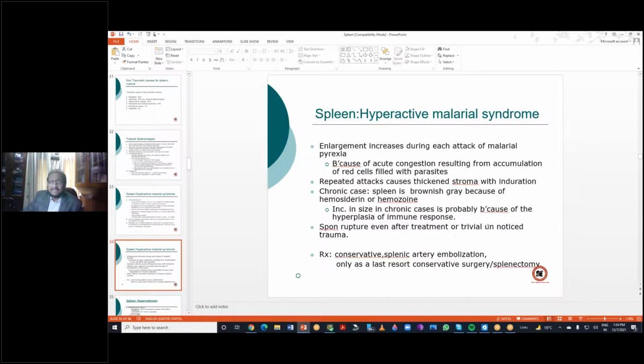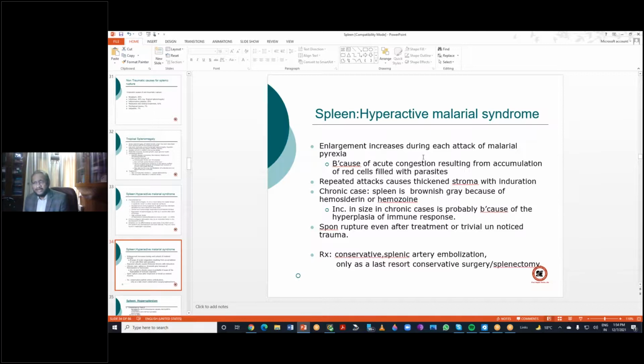In this hyperactive malarial syndrome, the enlargement increases during each attack of malarial pyrexia. Now, the transient increase in size is because of acute congestion resulting from accumulation of red cells filled with parasites. But these repeated attacks ultimately lead to what?